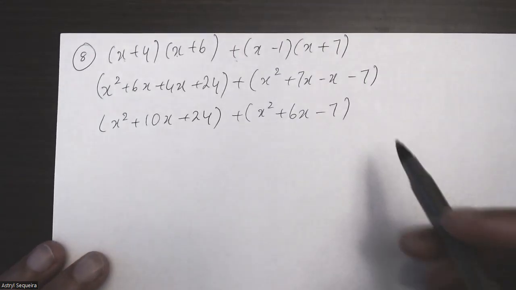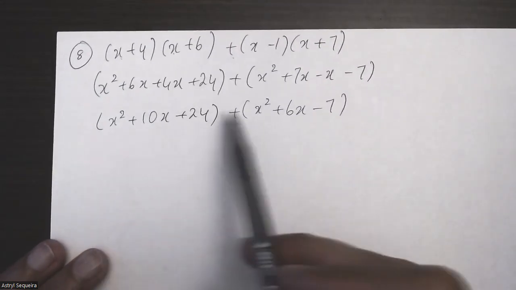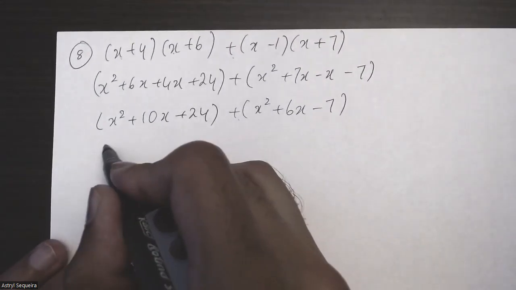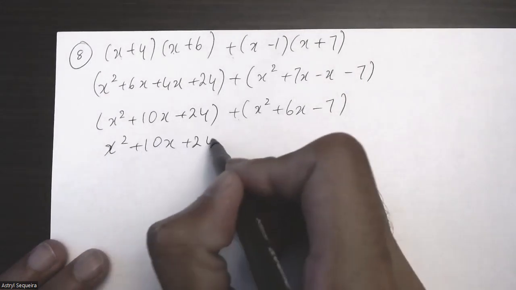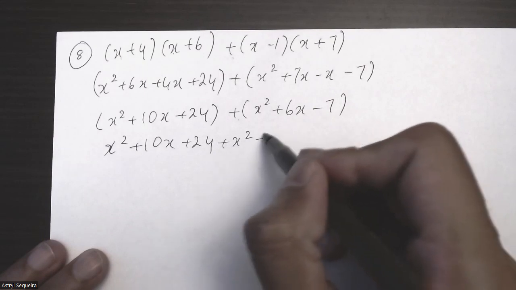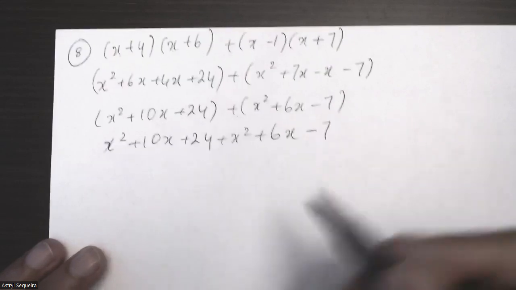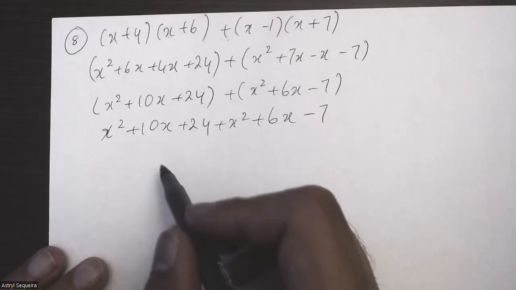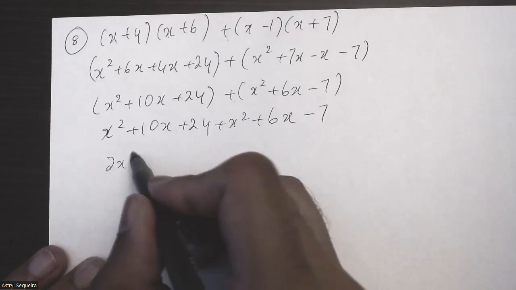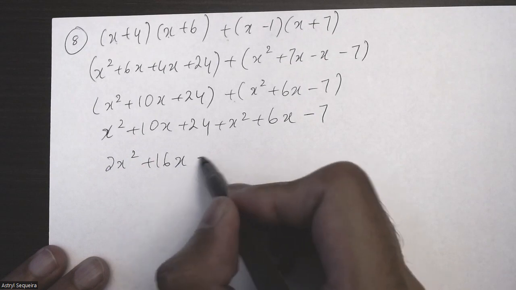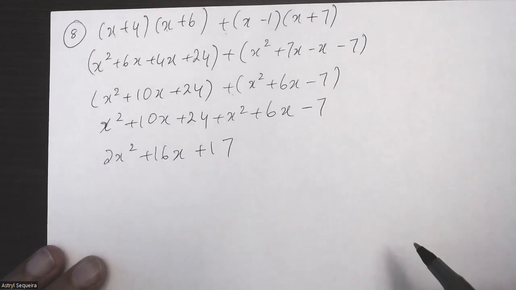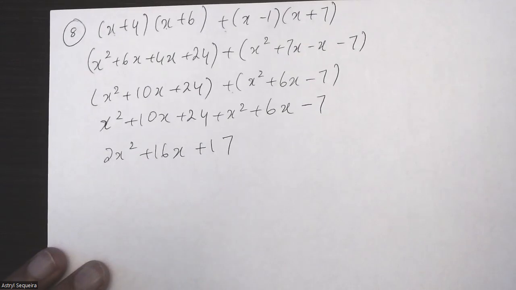And then next, I need to get rid of the brackets. Since there's a 1 out here and a plus out here, nothing changes at all in this step. x squared plus 10x plus 24 plus x squared plus 6x minus 7. And last step is to combine like terms. So 2x squared plus 16x plus 17 is the final answer.